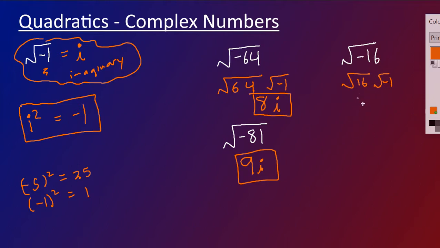The square root of 16 is 4, and the root of -1 is i. So again, before moving on, we need to memorize this because this is the whole definition of what an imaginary number is. It is a number such that when I square it, I get a negative. That's not true of the real numbers, but it is true of the complex numbers.